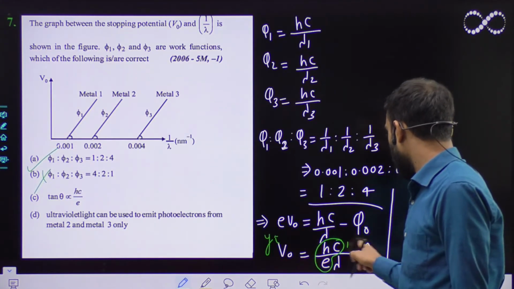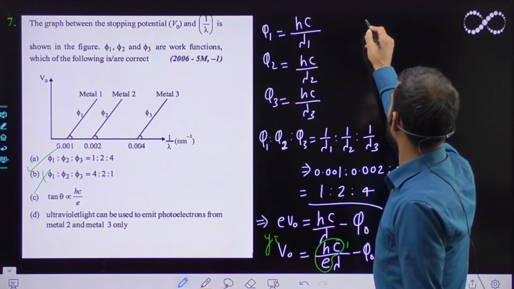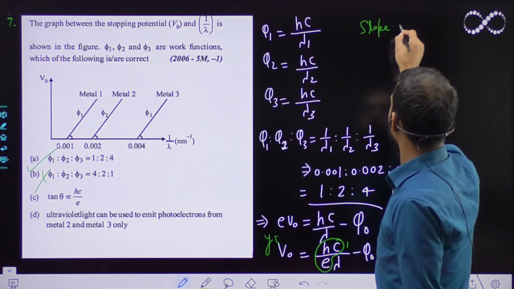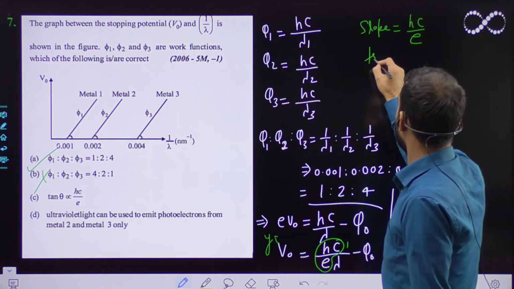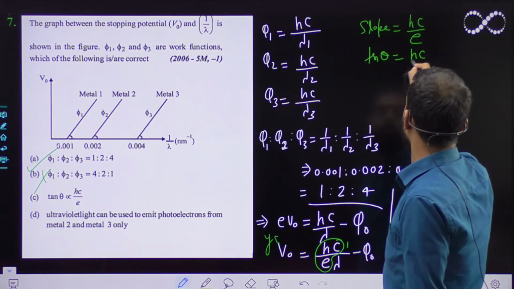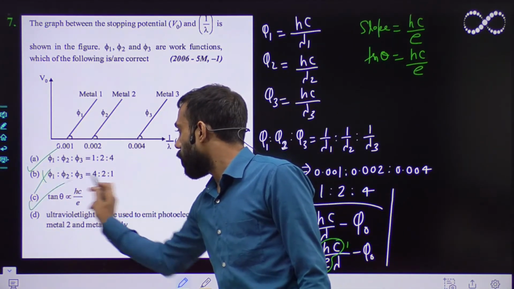So the slope is coming hc upon e. Slope is nothing but tan theta, so tan theta must be equal to hc upon e. So option C is also correct.